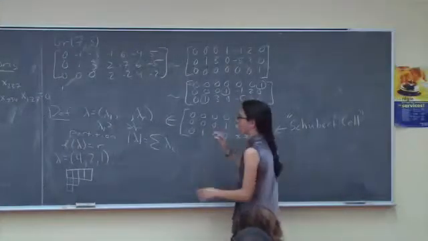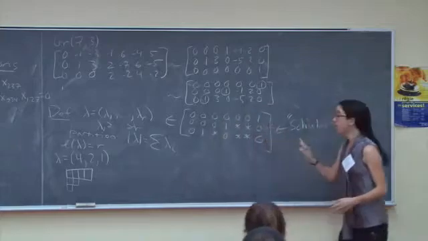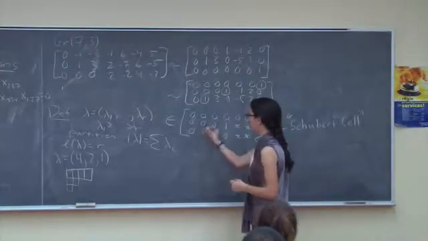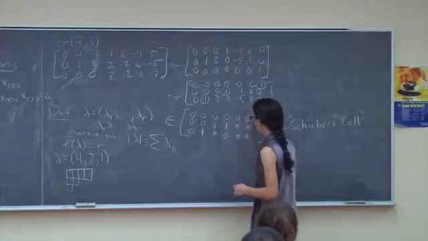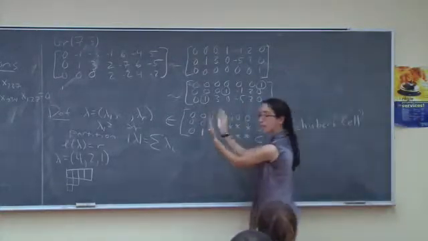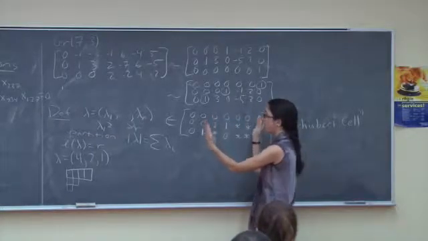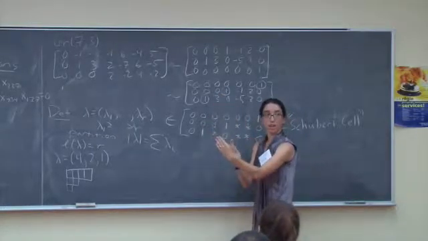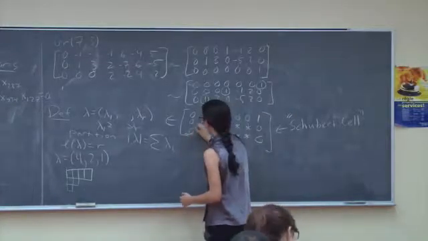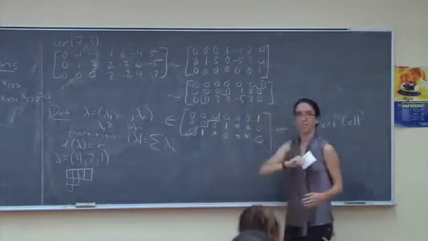We want to associate a partition to a Schubert cell in a unique way. The way we do that is, notice these positions of the ones are what we're worried about. They can't be in the same column. So we basically shift them over by one column each and then see how far they are from the left. Another way of saying that is to cut out a staircase from the left.